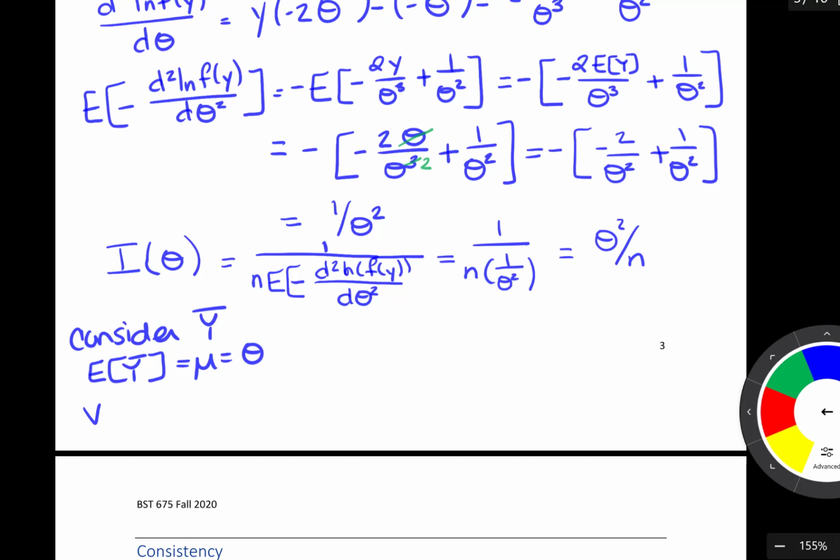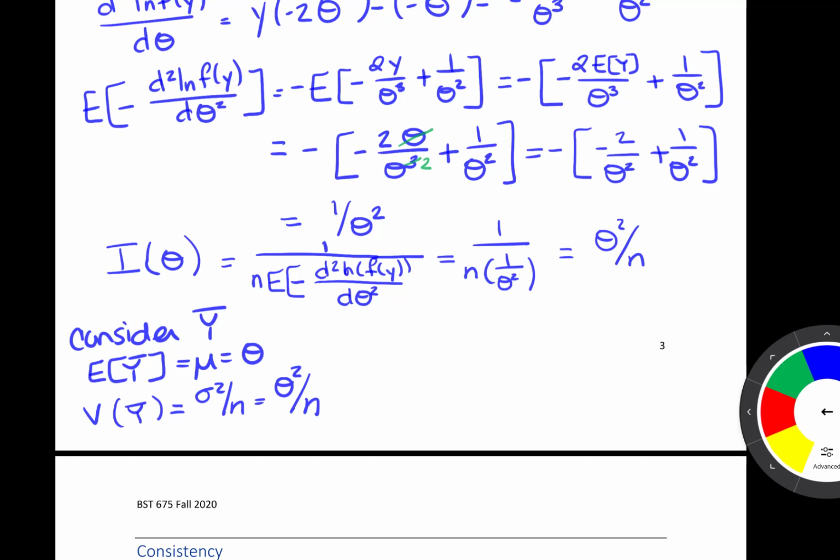And then we also know the variance of y bar is equal to sigma squared over n, which for the exponential distribution is theta squared over n. So the Cramer-Rao inequality states that if theta hat is an unbiased estimator, so we have that because y bar is unbiased, and if the variance of theta hat reaches the Cramer-Rao inequality lower bound, then it's efficient.